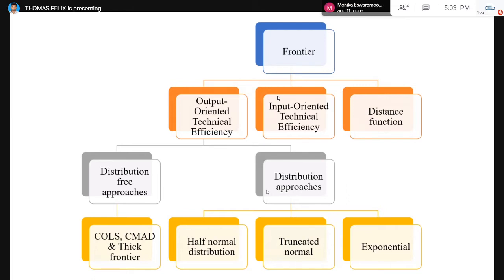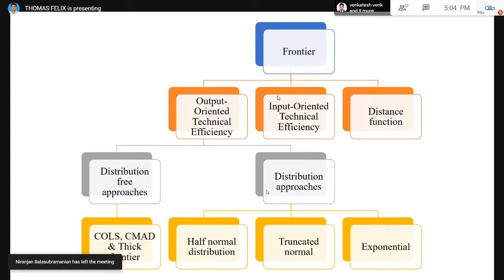Truncated means there is a discontinuity, usually there will be a 0 in the error term. For example, if we take 100 paddy farmers, some of the farmers will be technically efficient, so for them the error will be 0. When more farmers have an error value of 0, then we have to use the truncated normal distribution. So based on the error values only, we have to adopt the models.